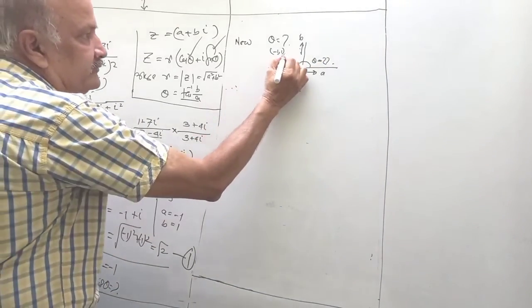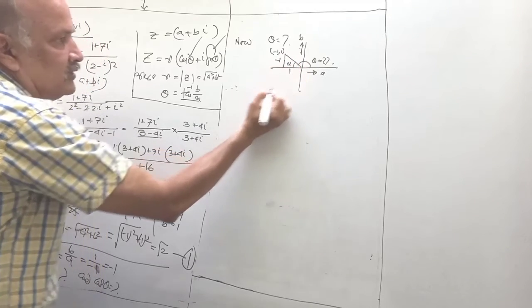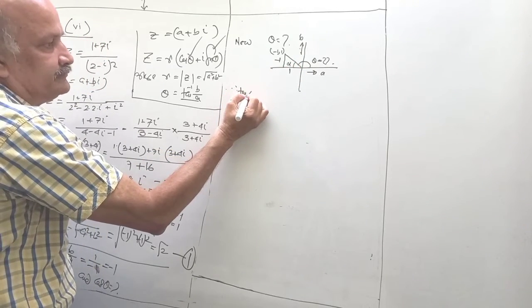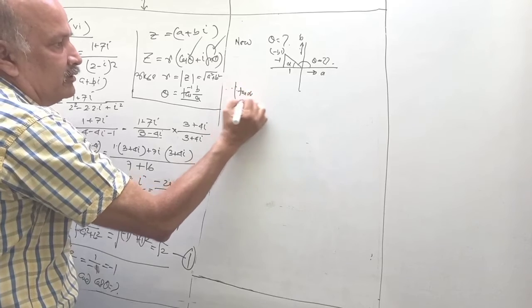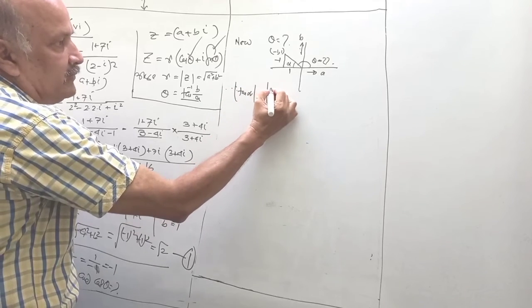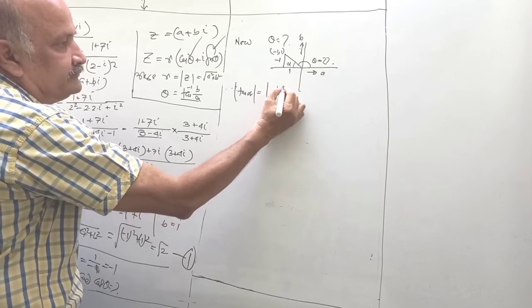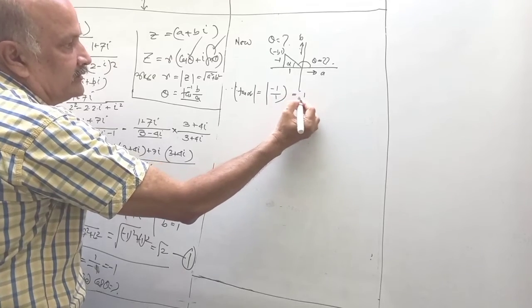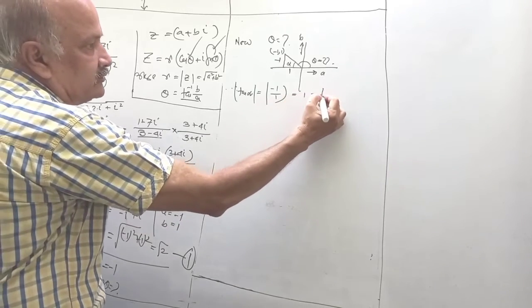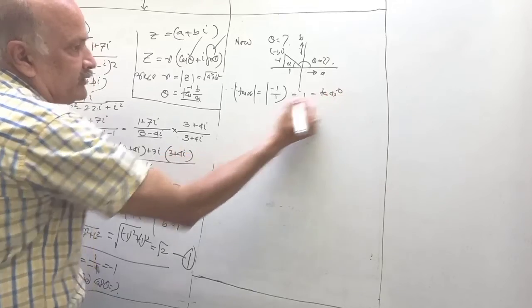Now you see tan alpha, mod value, −1 by 1 equal to 1 equal to tan 45 degree.